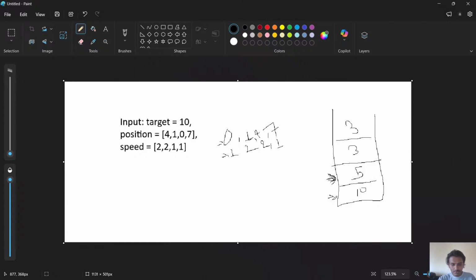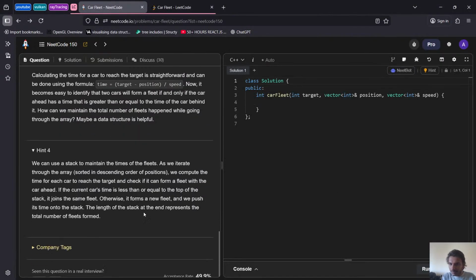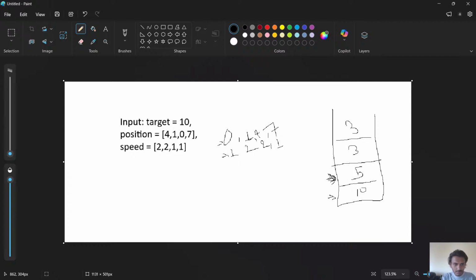If the current car time is less than or equal to the top of the stack, it joins the fleet. So this will join its fleet.